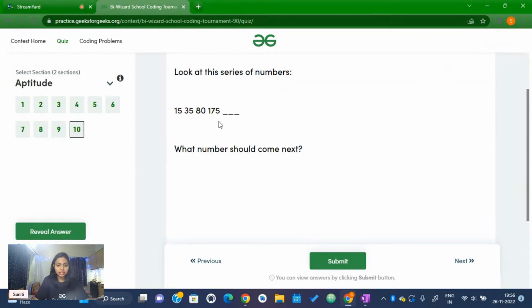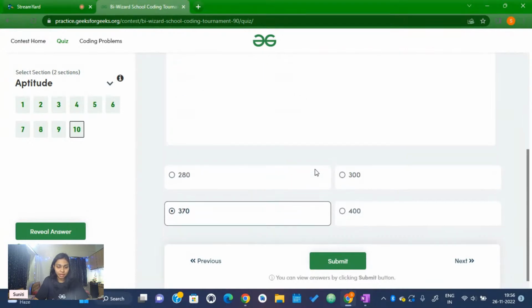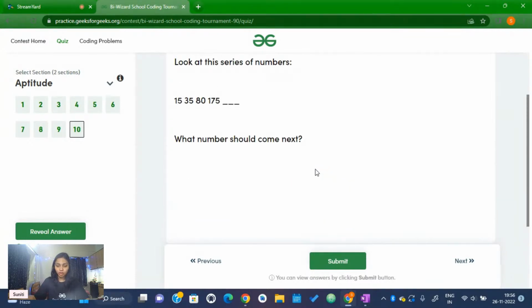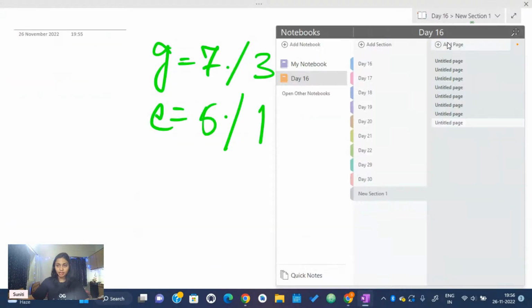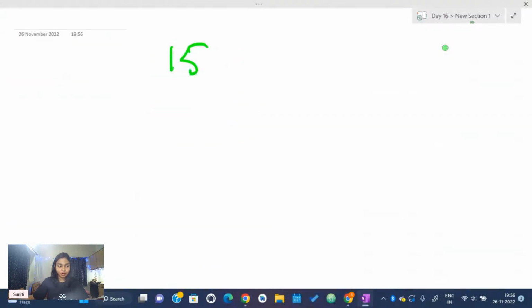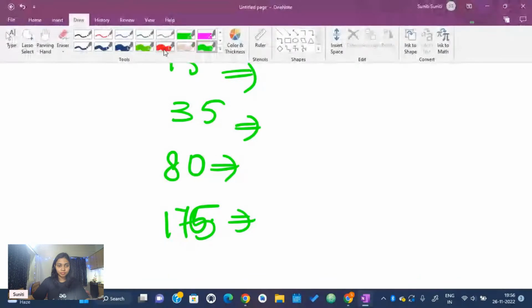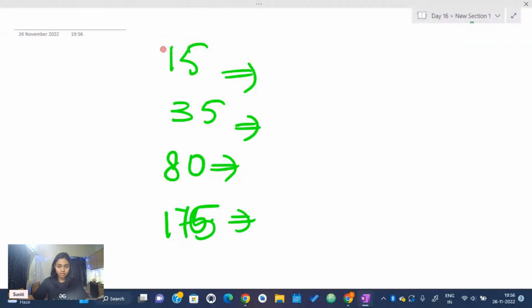And this series of numbers is given and we need to find what number is coming next. If you observe the pattern, you will see this is 15, 35, 80, 175. So 15 is the first number.